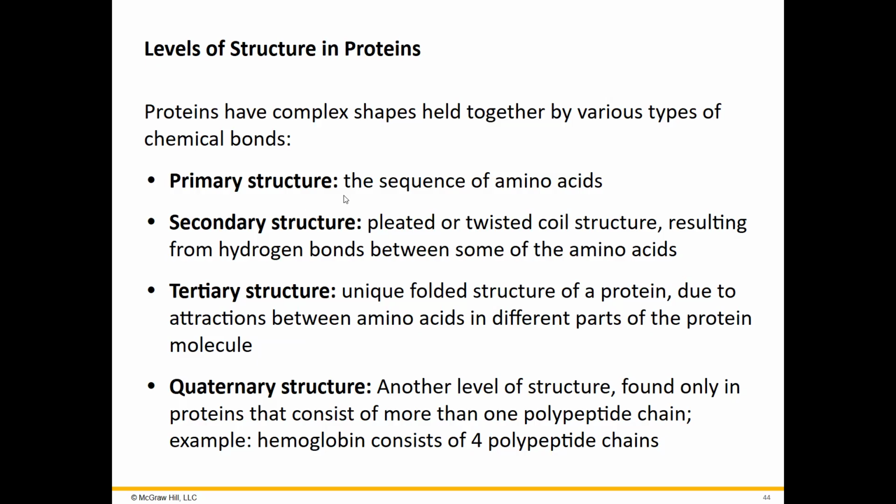Secondary structure, here's what I want you to know. Pleated sheet, twisted coil. It's caused by the hydrogen bonding. Remember, hydrogen bonding is really weak bonds between the hydrogens in molecules.